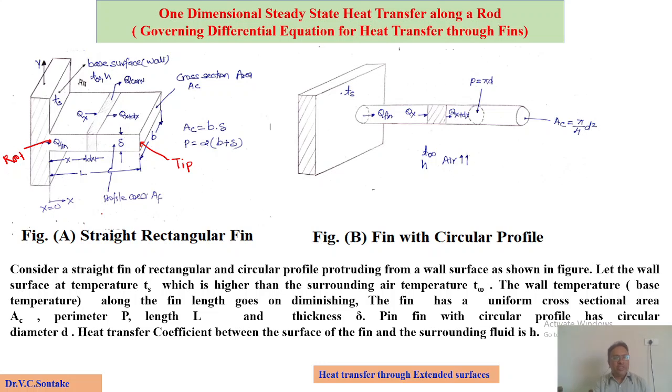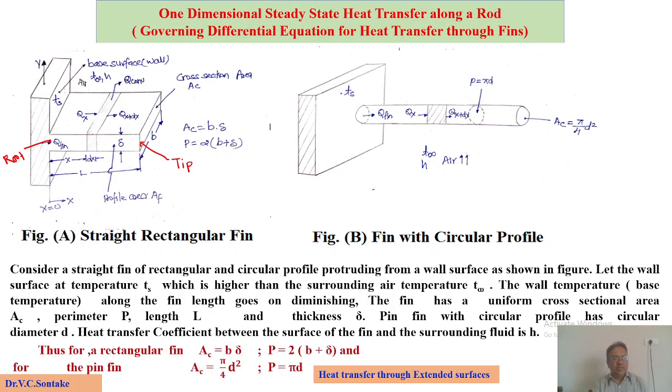So if I am considering the cross-sectional area and perimeter of both the fins, for the straight rectangular fin, the cross-sectional area will be width into thickness, b into delta, and perimeter P will be twice into b plus delta.